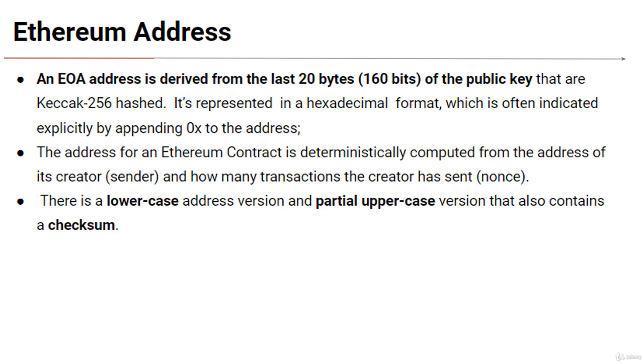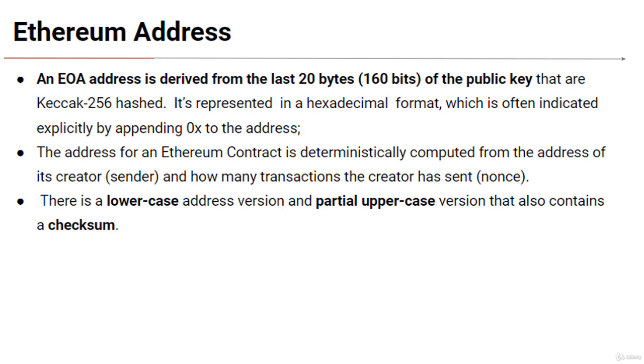The address for an Ethereum contract is deterministically computed from the address of its creator, the account that deploys the contract, and how many transactions that account has sent. This is the nonce. There is a lowercase address version and a partial uppercase version that also contains a checksum.